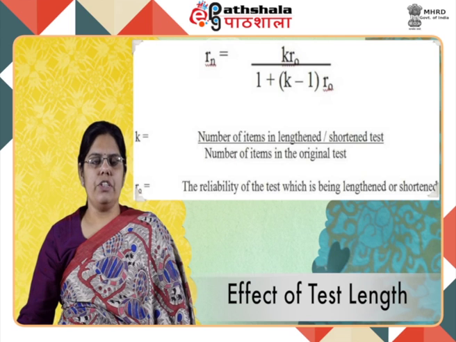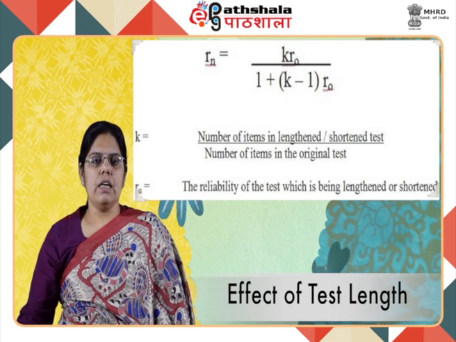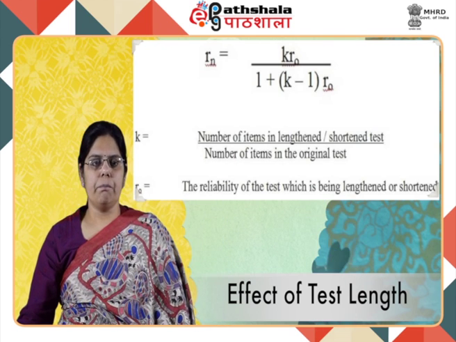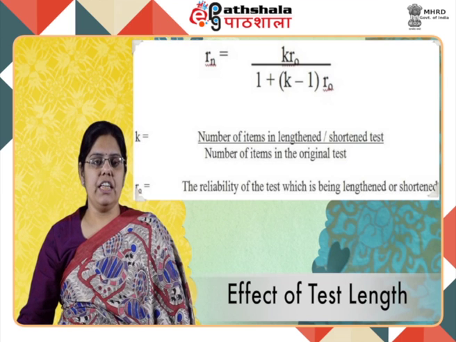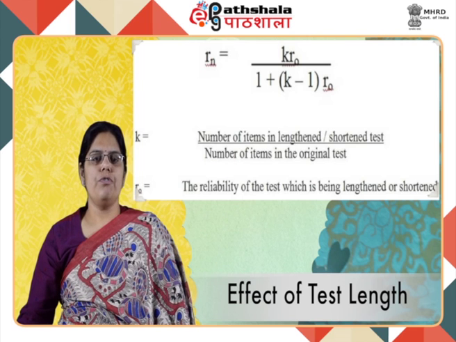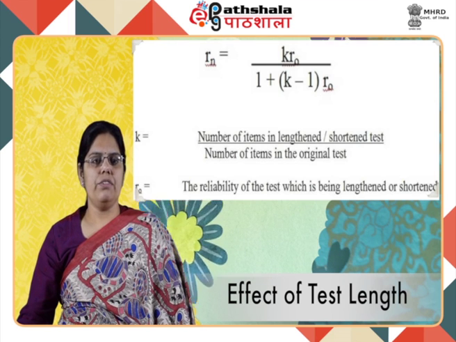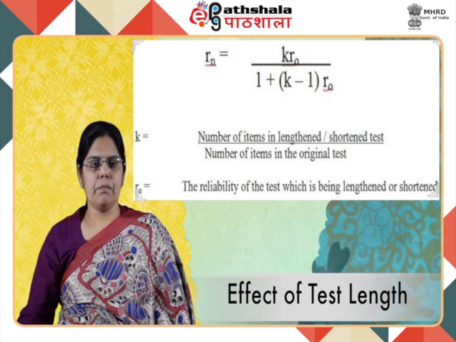The new reliability after making calculations comes out to be 0.31. Thus, we have seen that reducing the test length from 100 items to 45 items reduces the reliability of the test from 0.50 to 0.31.